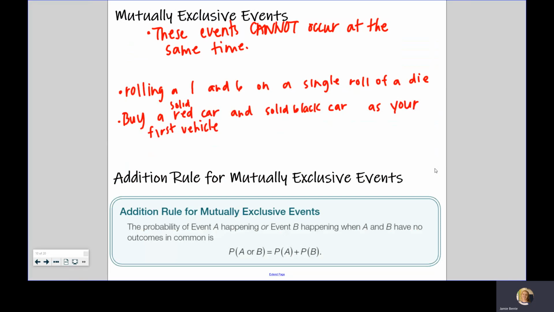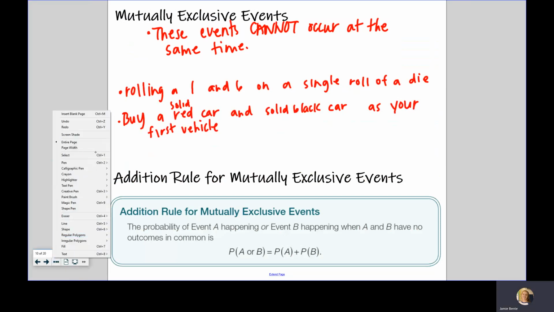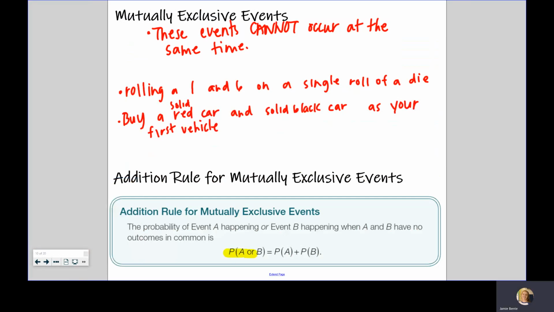That's another definition of mutually exclusive. It's just probability of A or B equals probability of A plus the probability of B. You don't have to worry about subtracting off their intersection because they have no outcomes in common. Right, so this is the addition rule when you are dealing with mutually exclusive events.